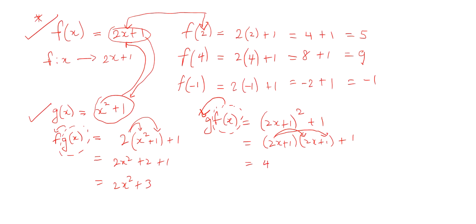So this will be 4x squared plus 2x plus, now you're going to take the 1 by this and then the 1 by this, which will be 2x plus 1, and then we have to add this last one here. So this will be 4x squared plus 4x plus 2. So this is what we call a composite function.